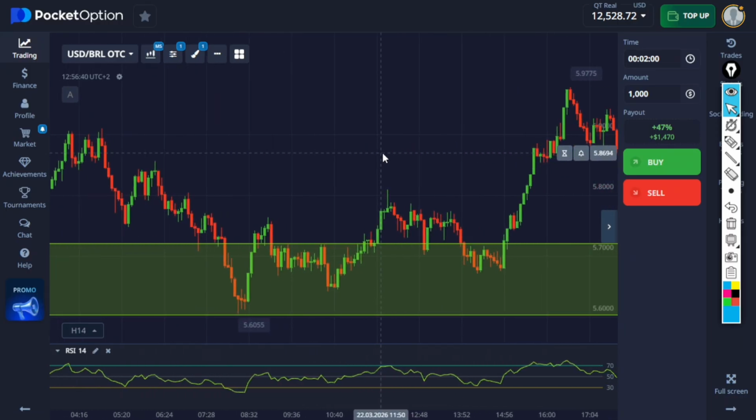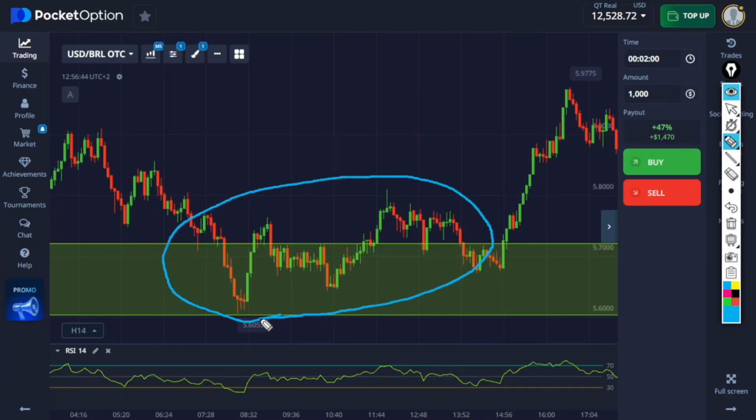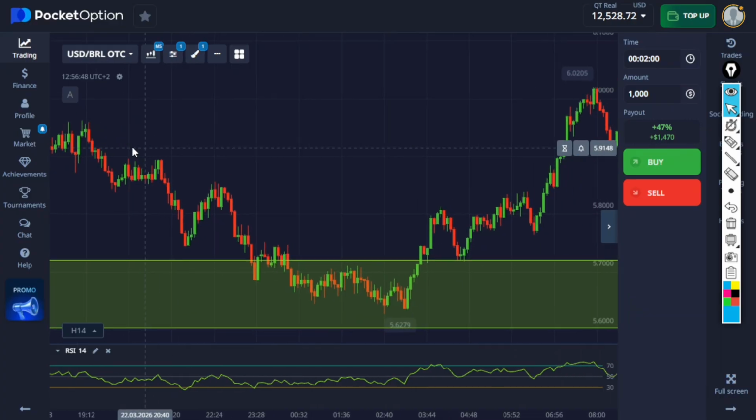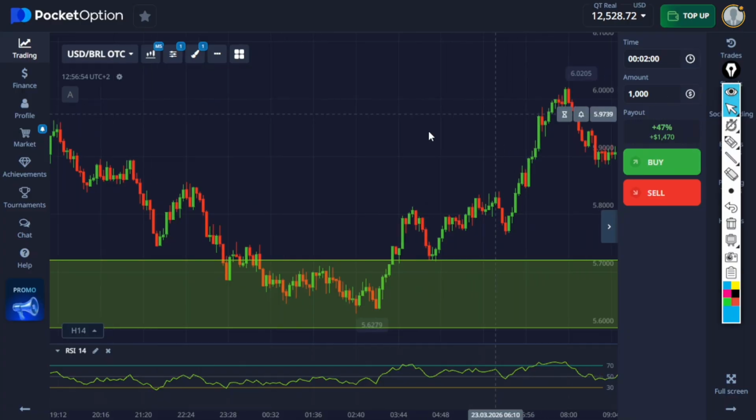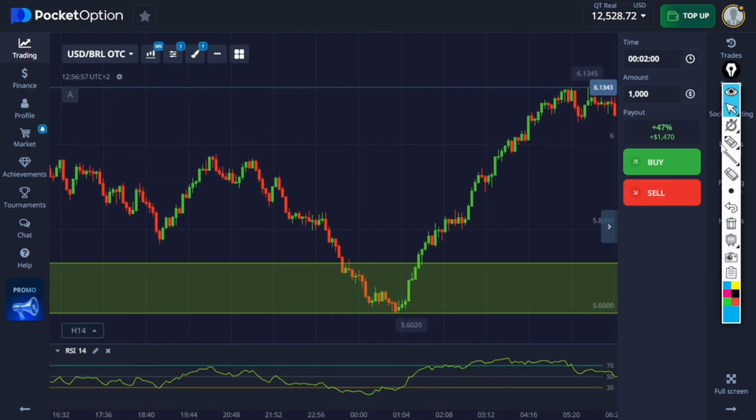So I've just switched over to the 5-minute time frame. And here we have the first bounce. If we move across, right over here we have the second bounce. And here we have the third bounce.